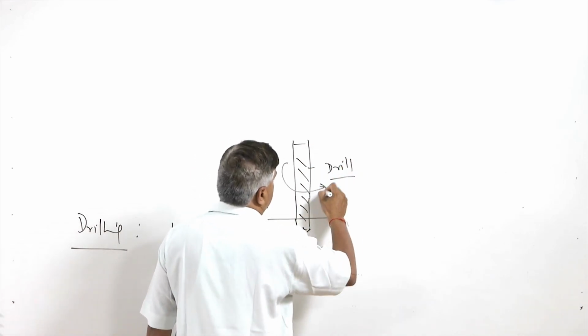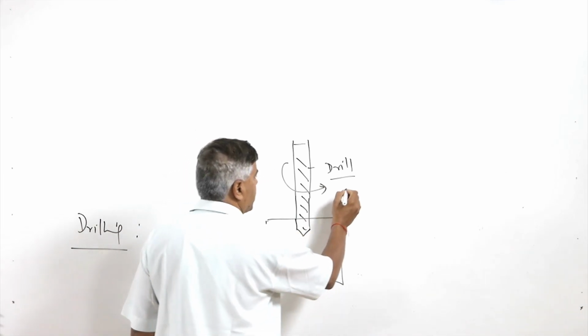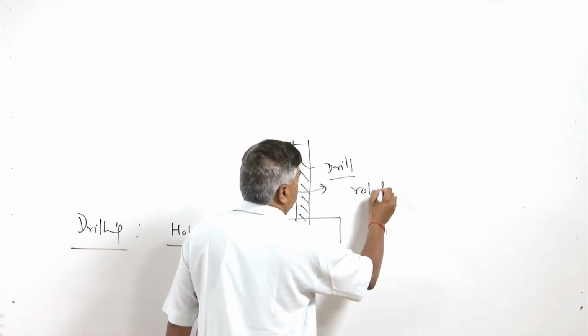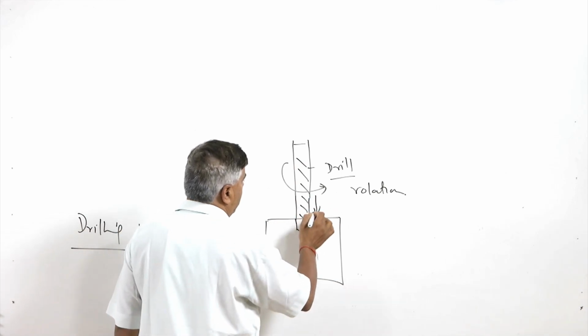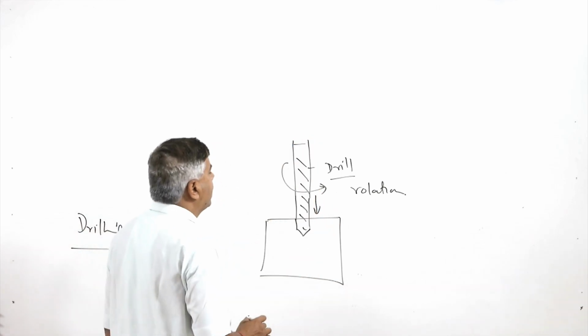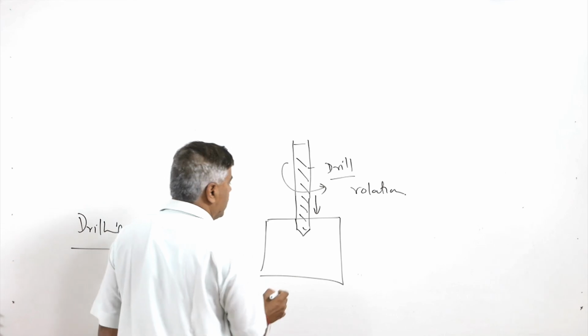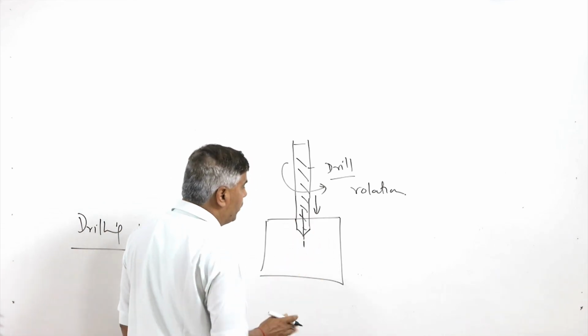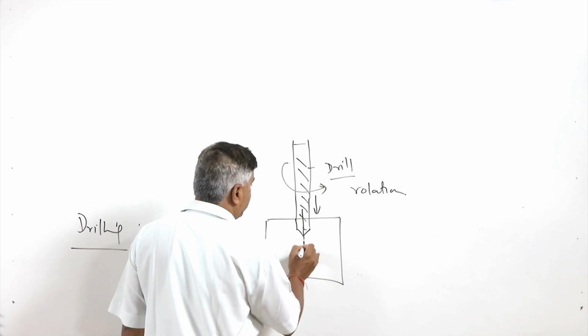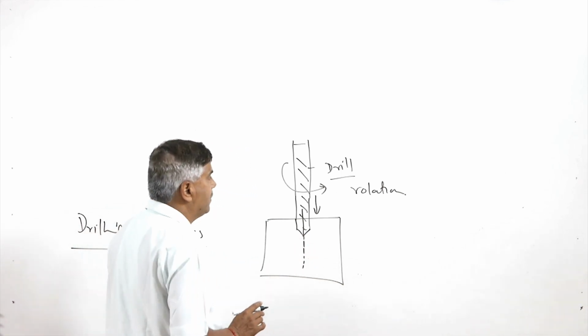The drill is rotated, so rotational movement is given to the drill, and the rotating drill is also moved parallel to the axis of its rotation. So, the drill is fed deep into the workpiece until the required depth of the hole is realized.